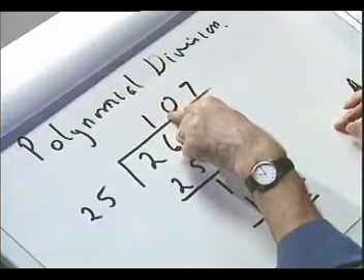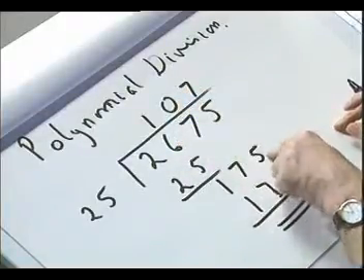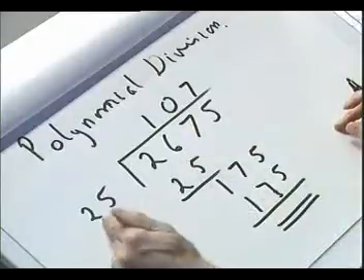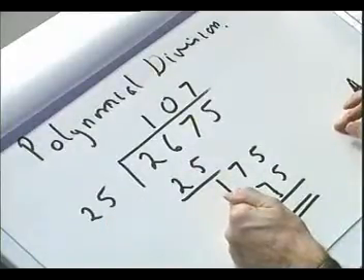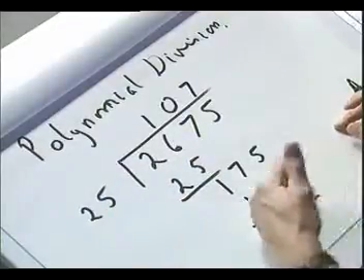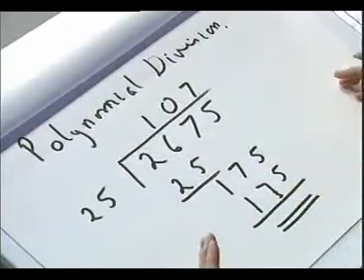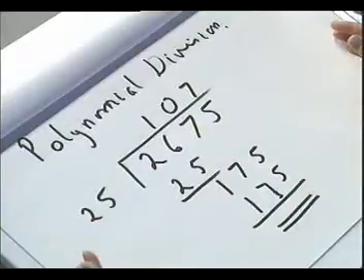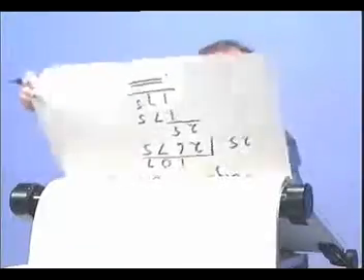We recorded that and brought down the next number. Then we said, how many times does 25 go into that? 7. We did the multiplication, wrote it down, subtracted, got nothing left, so it finished. Now what we're going to do is take that self-same process and do it with algebra.